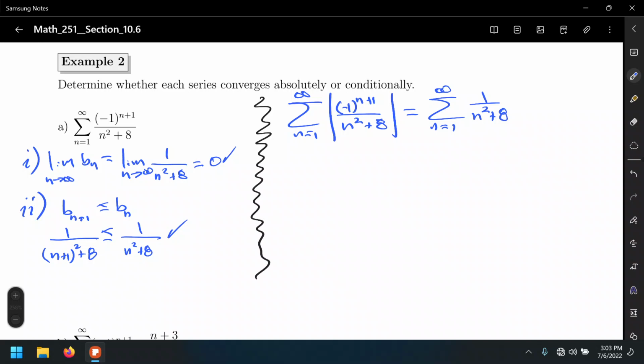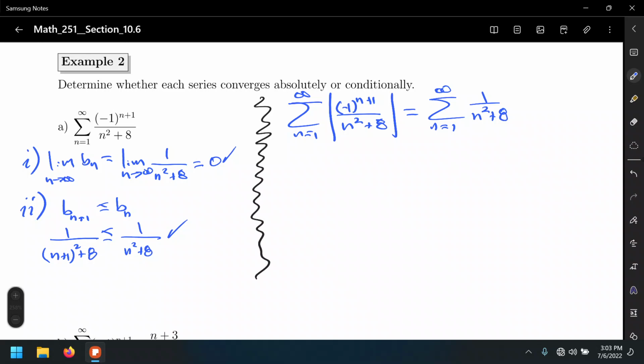Let's think about it. Which test would we use to check for convergence or divergence for this series? Well, p-series will be involved somehow, but just p-series is not enough because of the plus 8. If it only said 1 over n squared, the p-series converges and the original series converges absolutely, we're good.